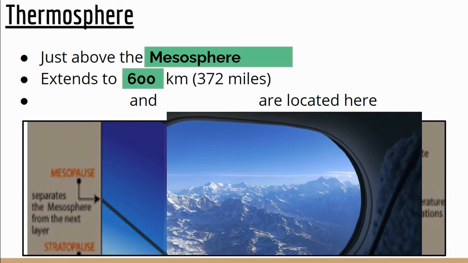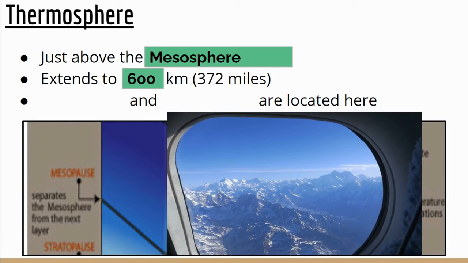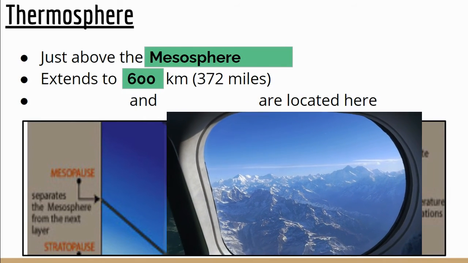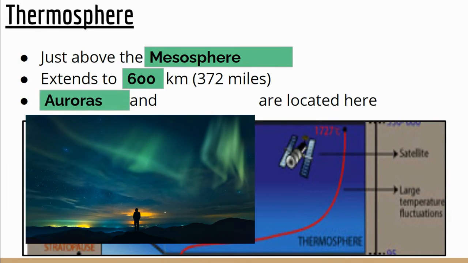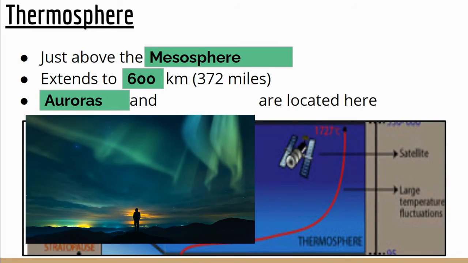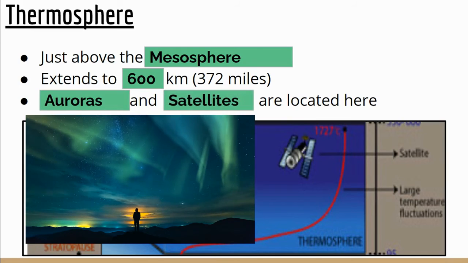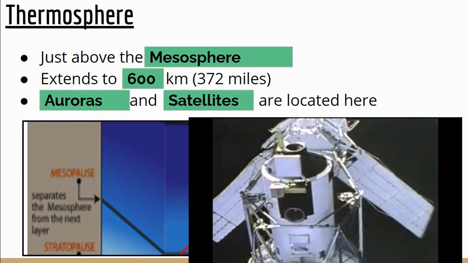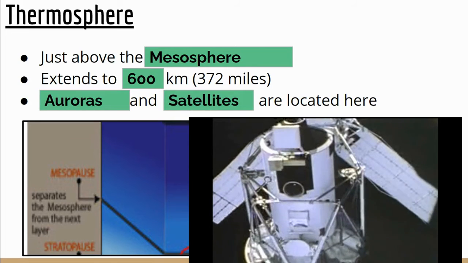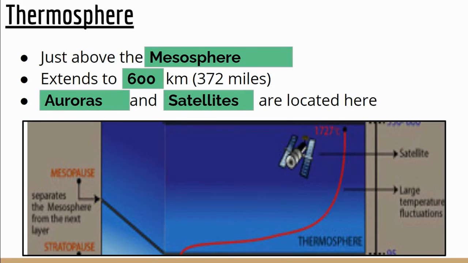Going back to Mount Everest, if you took Mount Everest and did 60 Mount Everests, that's how high the thermosphere is. There are 2 things found here: auroras, which we'll talk about in another lesson, and satellites. And you guys know our satellites, the International Space Station can be found here. All of these are located inside of the thermosphere.